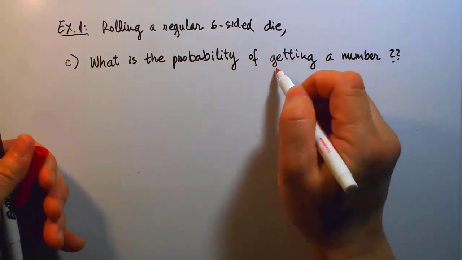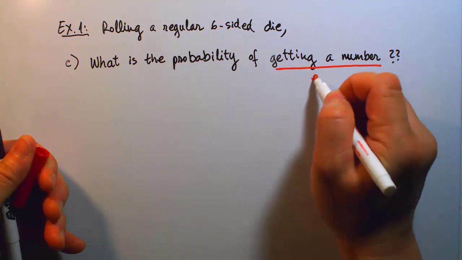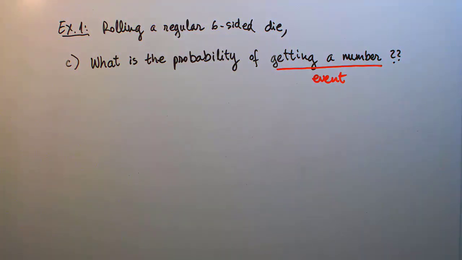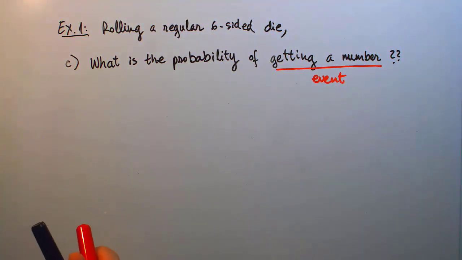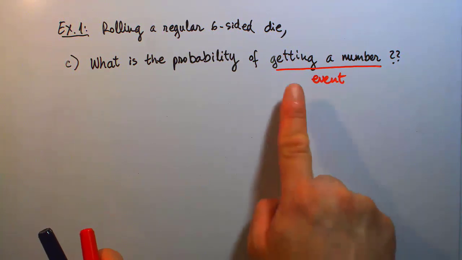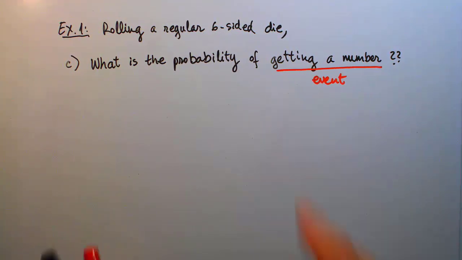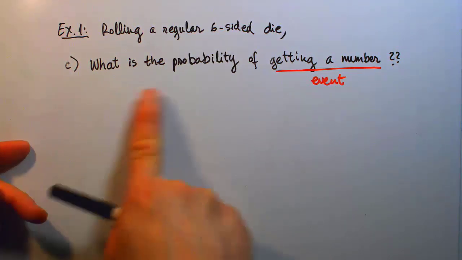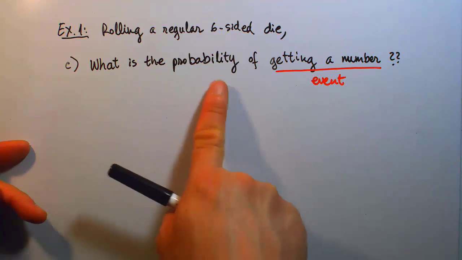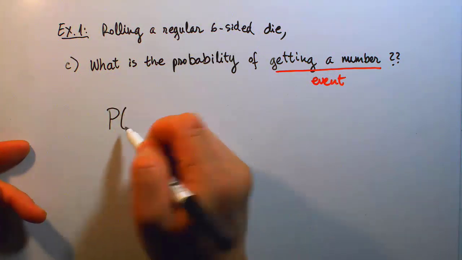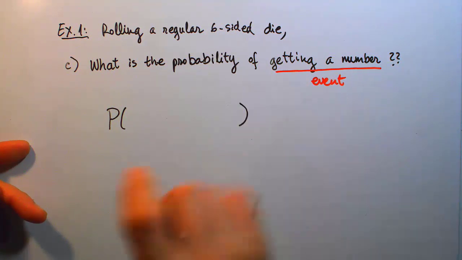And so here's your event. Another thing that I highly recommend, anytime that you're working on a probability question, being able to nail down your event successfully is a big plus. And so back to the question again, worded statement, what is the probability of? So here's my empty pair of parentheses with a capital P in front.